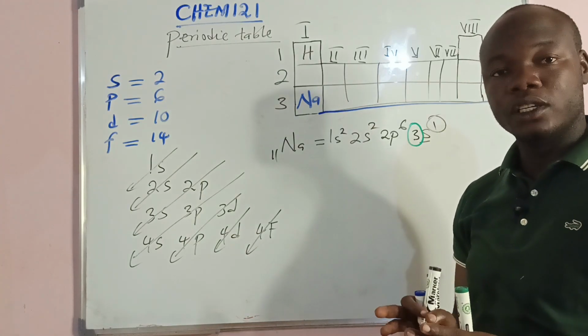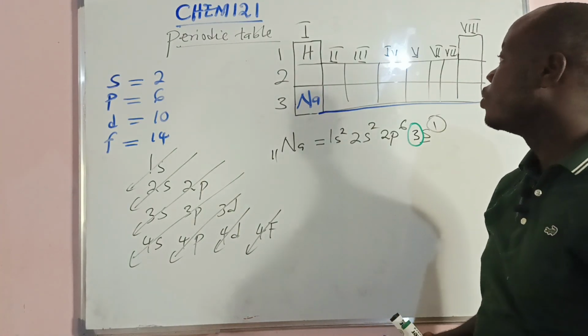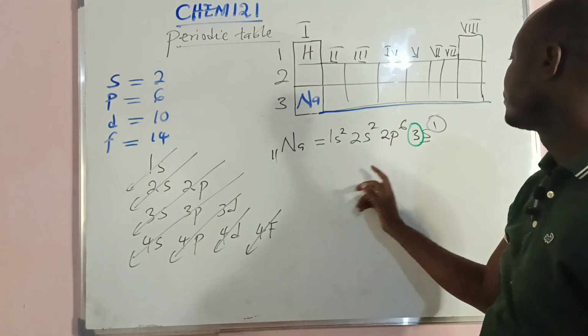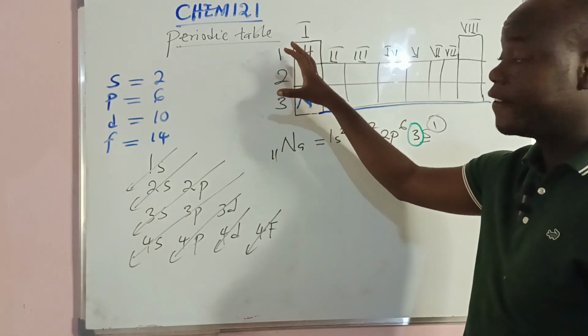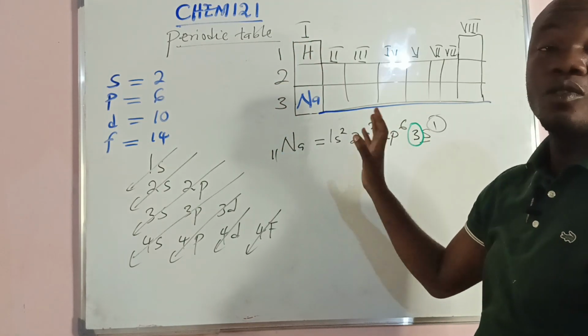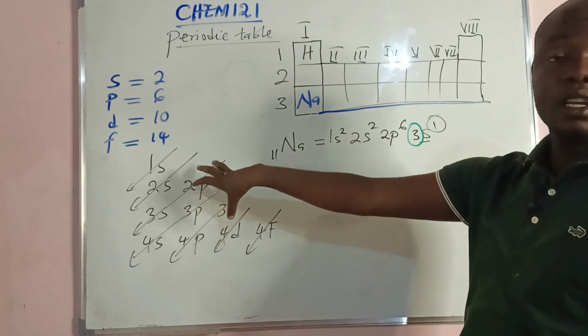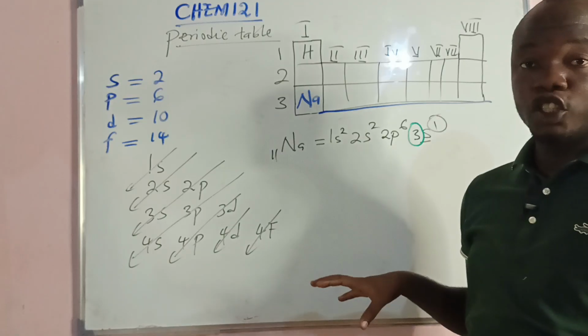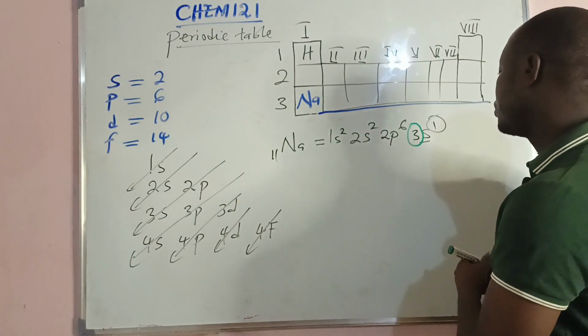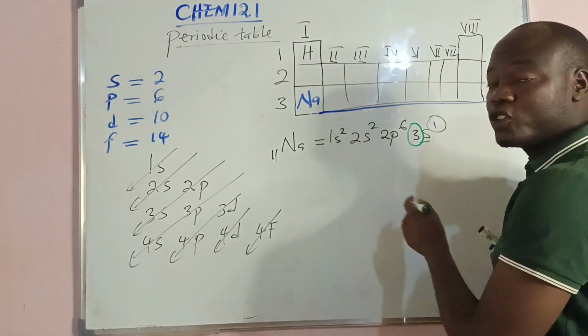Please, are you following? Do you understand? That is how we demonstrate the group and period to which an element belongs using orbital configuration. And I want you to understand, we also have blocks of the element.